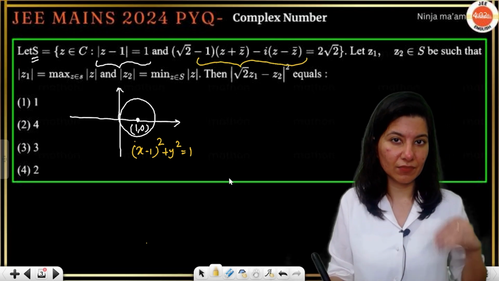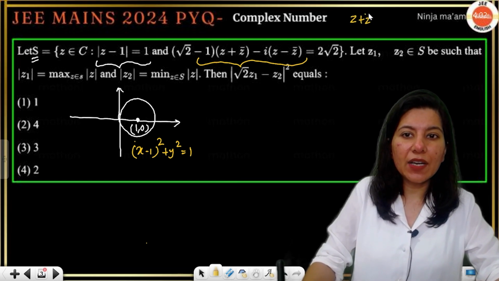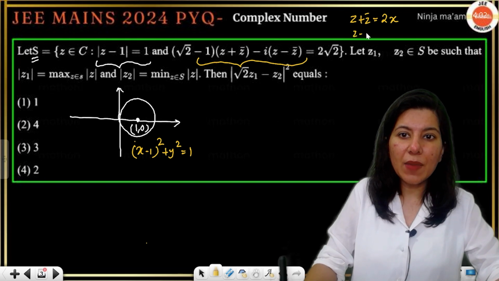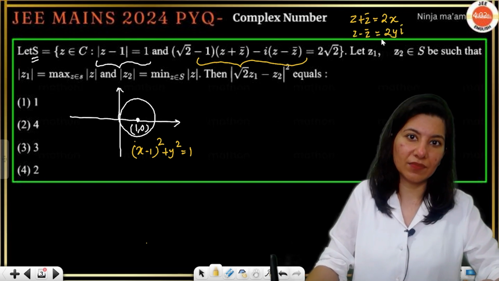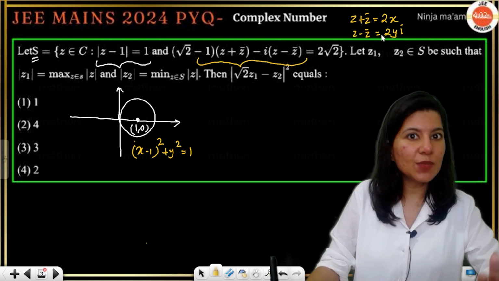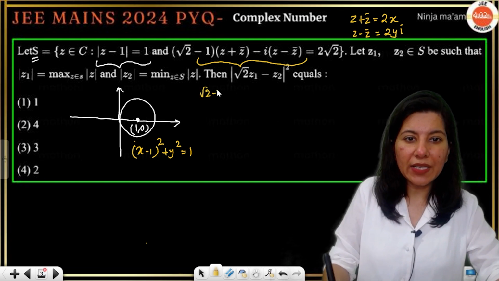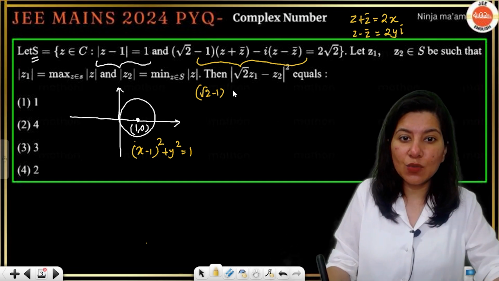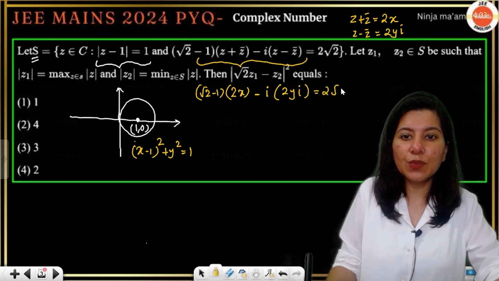Straight line. You don't agree? Let me tell you. See, z plus z bar, you know, is 2x, right? Z minus z bar is what? 2y iota. So let's put these values. Now this line: (root 2 minus 1)(z plus z bar) is 2x, minus iota times 2y iota is equal to 2 root 2.